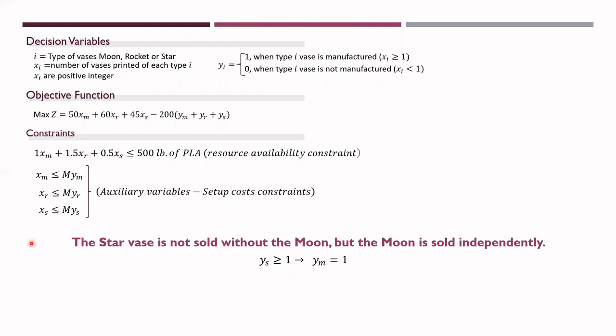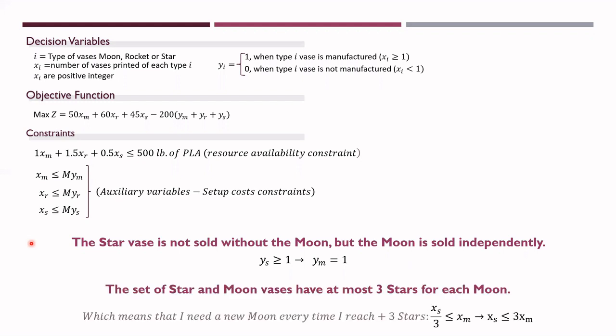First, the star vase is not sold without the moon vase, but the moon can be sold independently. That can be translated to: if ys is greater or equal than 1, then ym should be equal to 1.